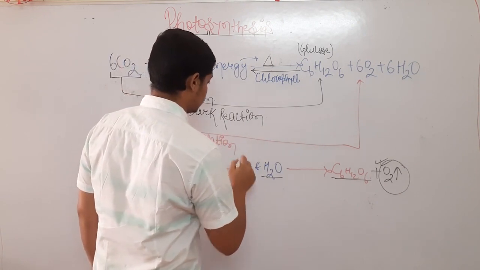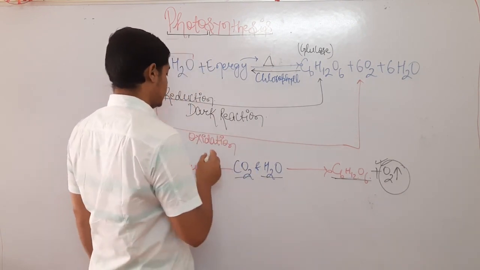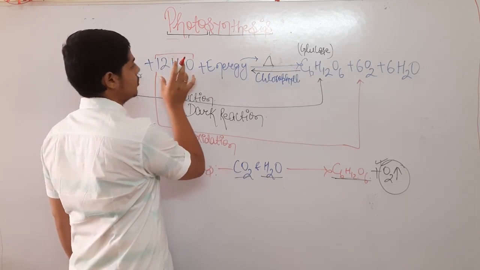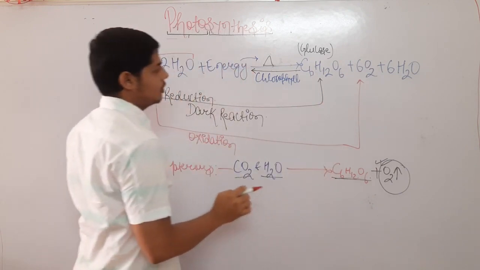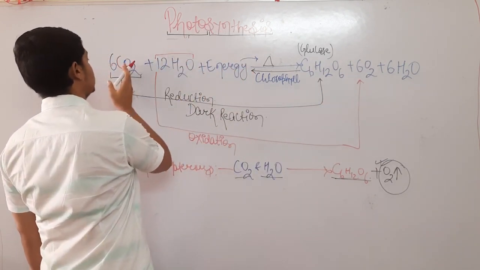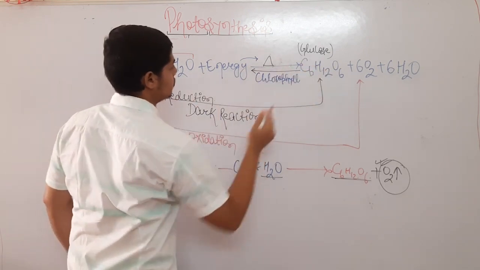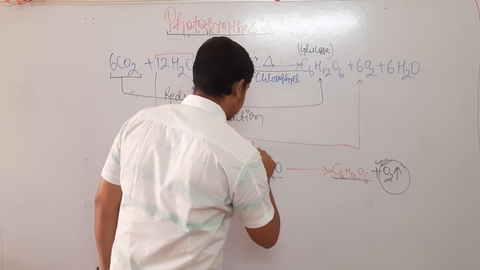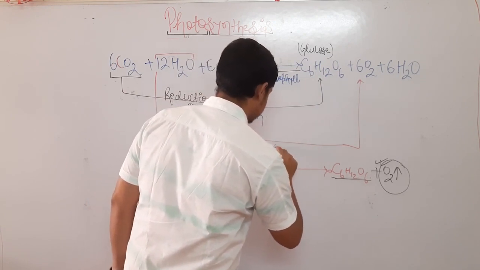Oxidation basically means removal of hydrogen atom. And this process of splitting of H2O into oxygen, and this hydrogen will go with CO2 for the reduction. This oxidation process is called light reaction.